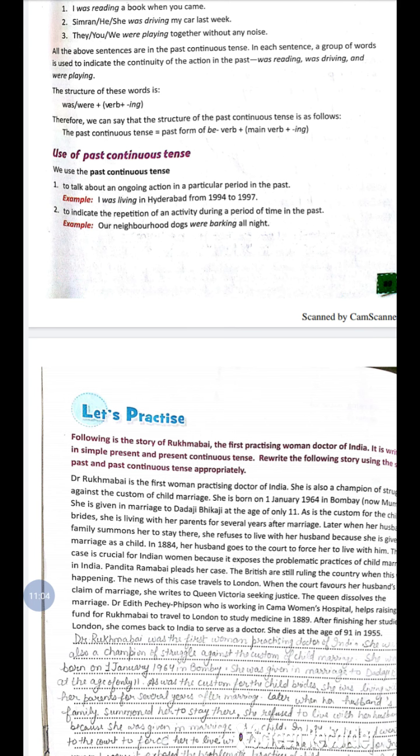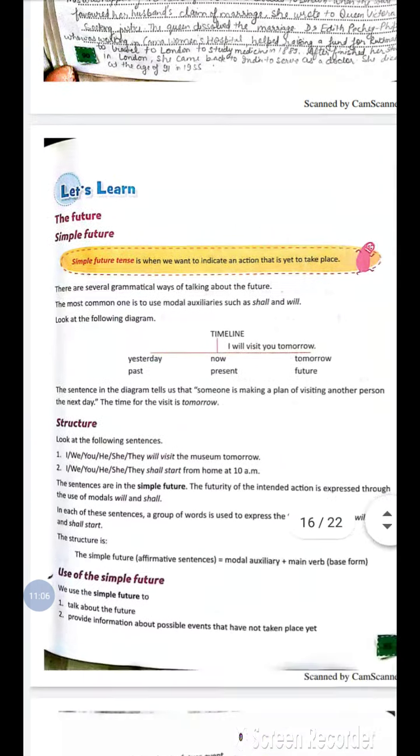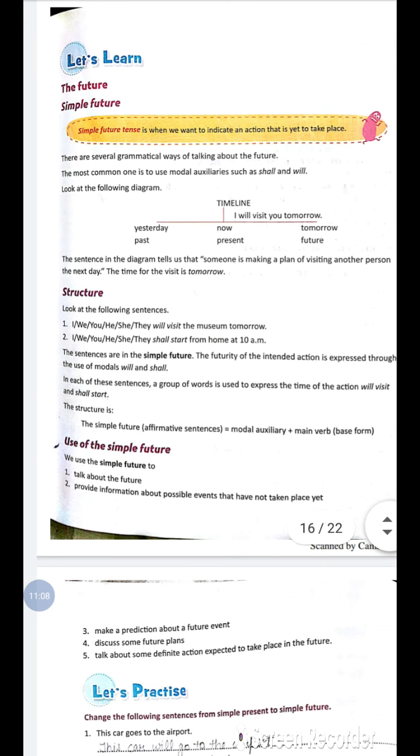Now we take the simple future tense, in which simple future tense is when we want to indicate an action that is yet to take place. Structure is I, you, we, he, she, they will visit the museum tomorrow. The sentences are in the simple future.